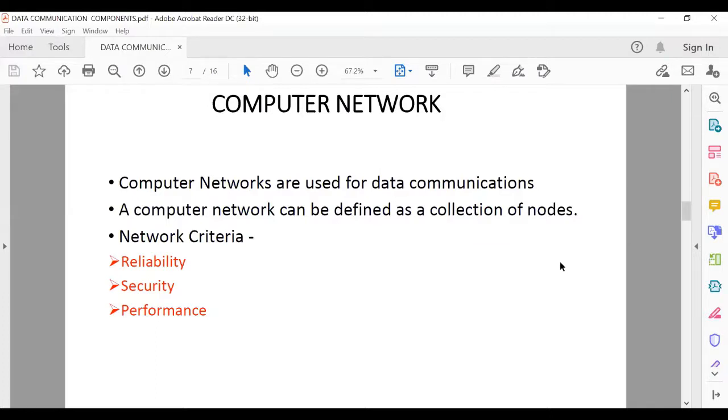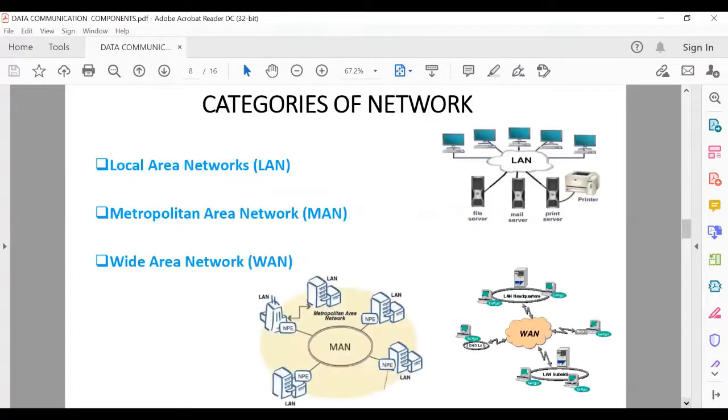There are certain criteria like reliability, security, and performance, which are to be maintained every time in any computer network. Then there are the different network categories.